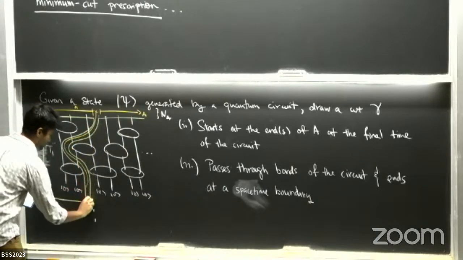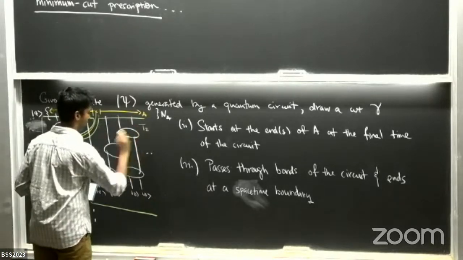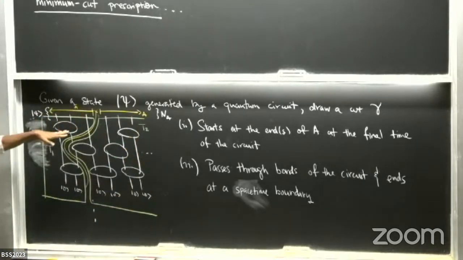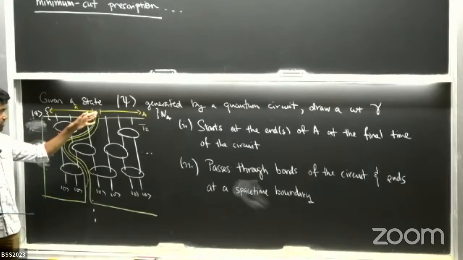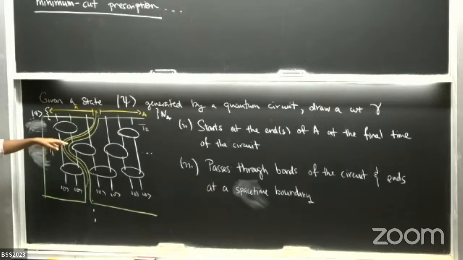Sorry, the tensor should be extending out to spatial infinity on the left, but I didn't draw it that way. T1 and T2 have external legs, which are the physical legs of the wave function, but they're also contracted across the curve gamma. So you can think of psi as some sort of MPS-type, tensor network type state, where the bond dimension across this cut is given by the number of bonds intersected by this curve. And you can convince yourself that that is an upper bound on the rank of the reduced density matrix if I were to do a partition there.